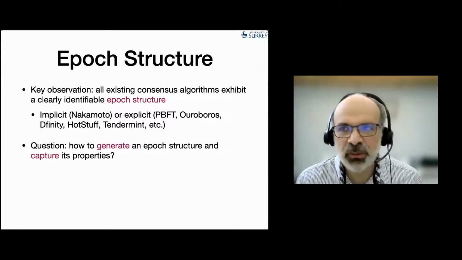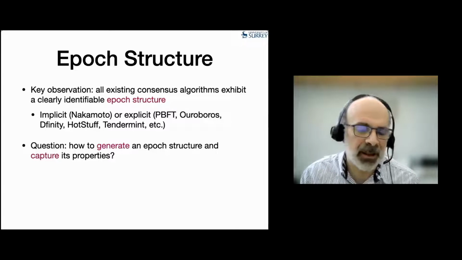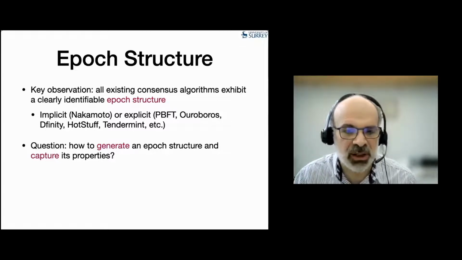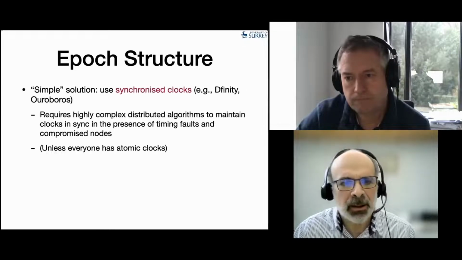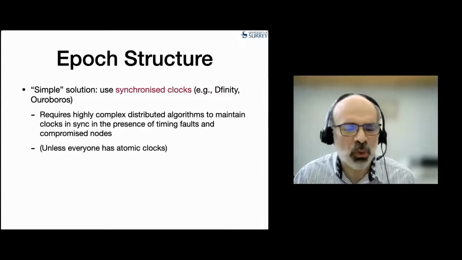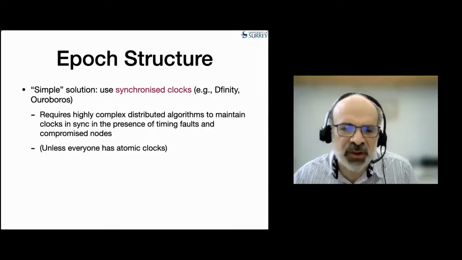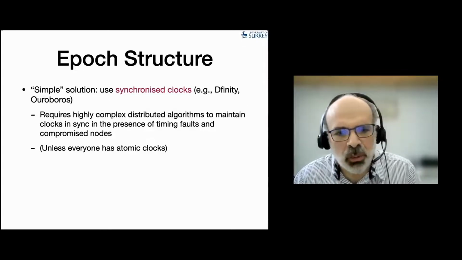If we agree with the intuition that having an epoch structure makes consensus easier, the next question is how we can actually generate this epoch structure and capture its properties. That was the problem we considered. One simple solution is to use synchronized clocks, and synchronized clocks have actually been used in systems like Dfinity or Ouroboros.